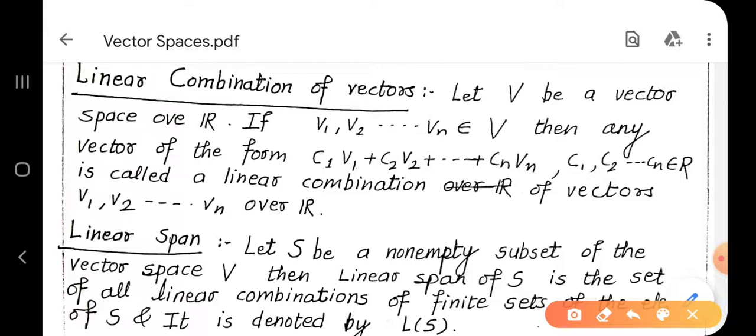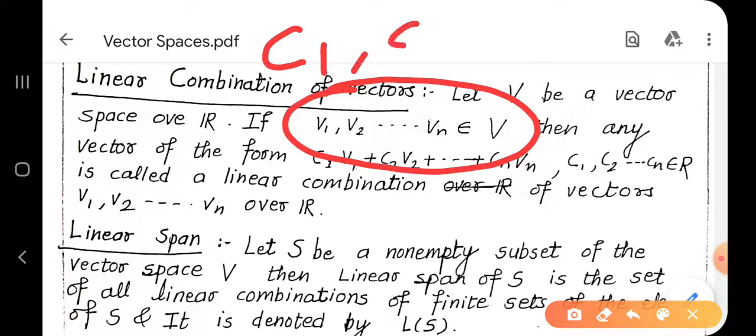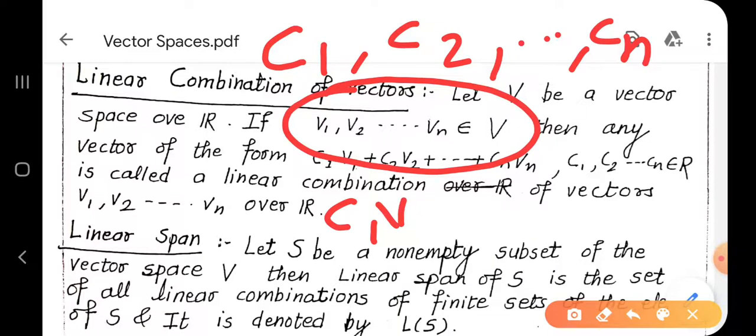So let V be a vector space over R, and if v1, v2, vn belong to V, be the vectors, then how many vectors are there? v1, v2, vn, n vectors. So find n scalars c1, c2, dot, cn, n scalars, and we write c1 into v1, the product of these two, c1 v1.